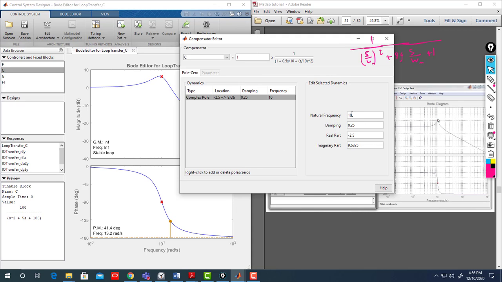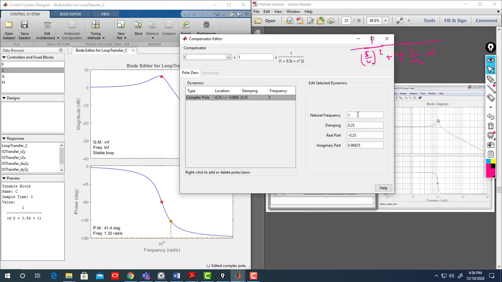So what if I put the natural frequency equal to 1? So this will be shifted from 10 to 1. So then it is 1.